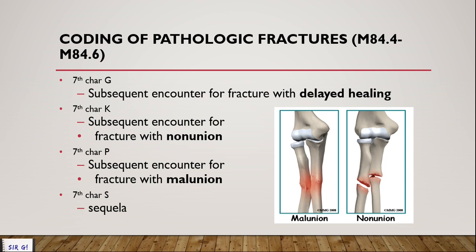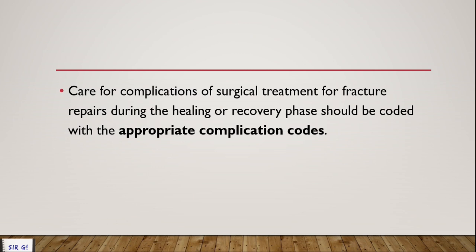For malunion, we're talking about the bone connected, but not connected properly. Although they are connected, for some reason they were not connected correctly. So those are the additional 7th characters: G, K, P, and S.